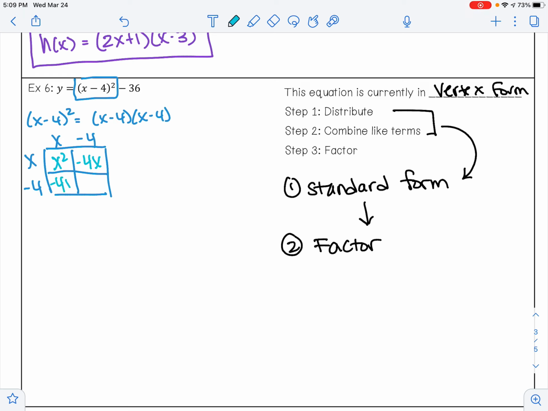Negative 4 times x is negative 4x. And negative 4 times negative 4 is 16. Step 1. So now my equation is y equals x squared minus 4x plus 16. And then I got to bring down my minus 36.